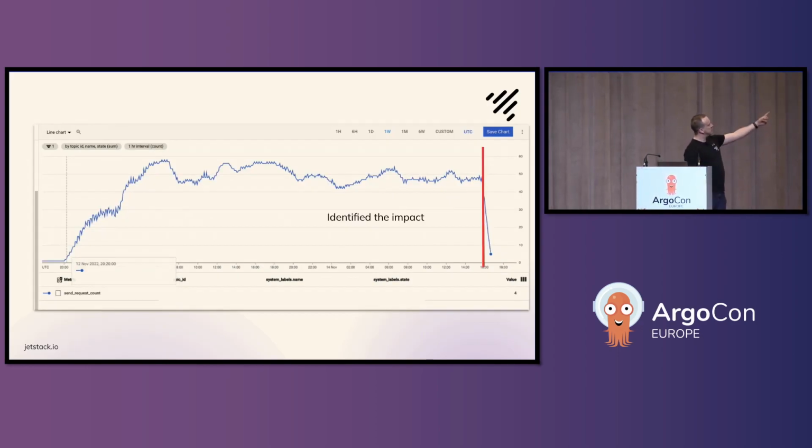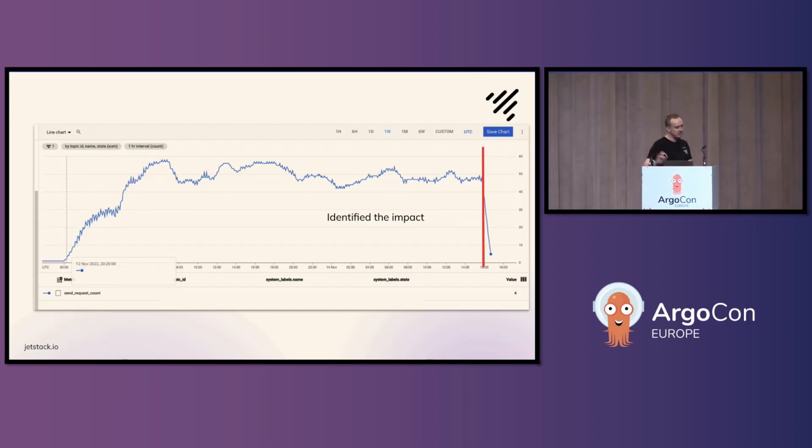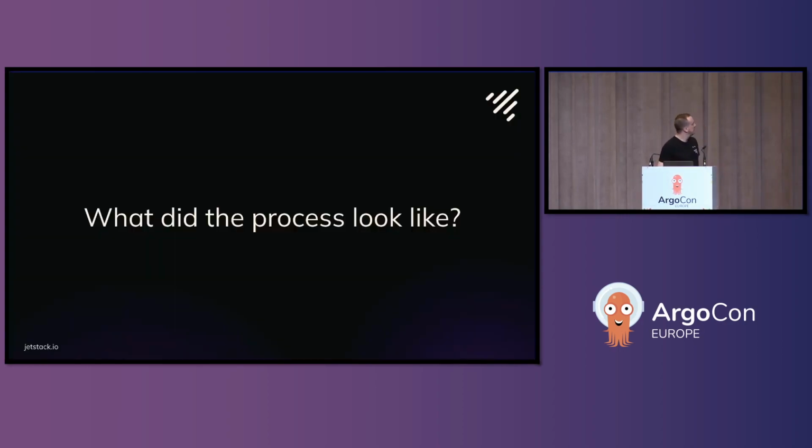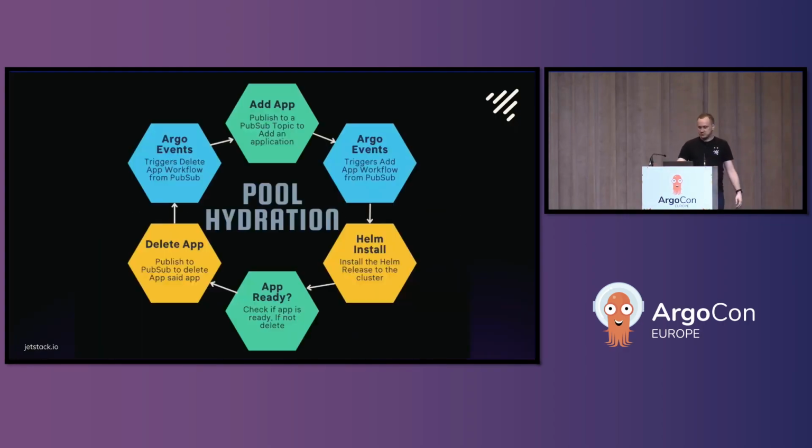Friday, and we come in on Monday, and that has just been going on and on and on. It was about 60 messages a second over the whole weekend. What each one of those messages was doing was something along these lines.